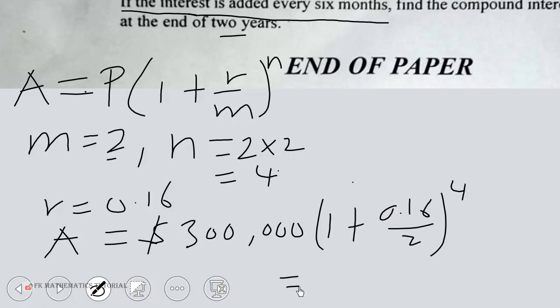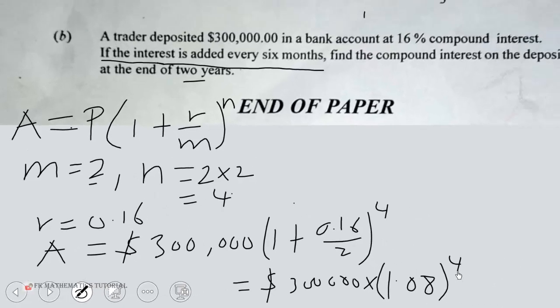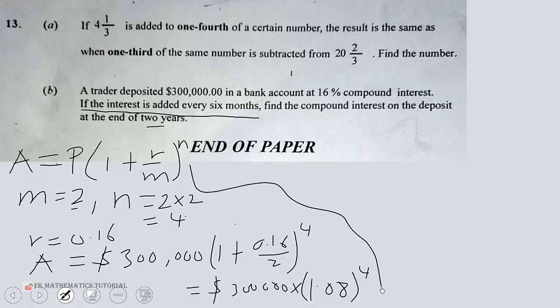So this will be equal to $300,000 times 1.08 exponent 4, and this is giving us $300,000 times 1.36048896. That is a huge money.